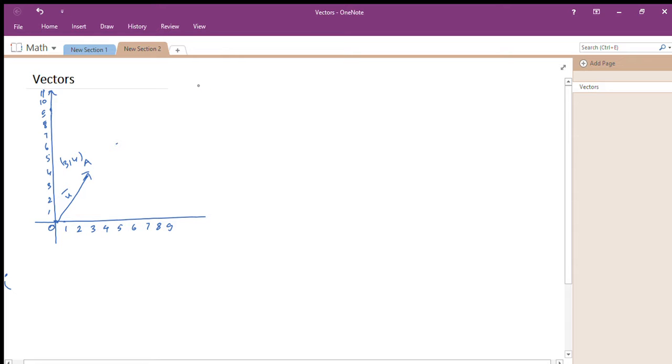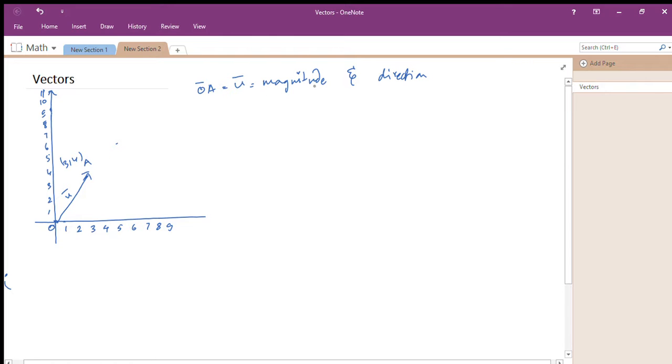So you've got this ray, so to speak, OA, and I'm saying this is a vector because anything that has magnitude and direction is a vector, right? And you see that this has got some magnitude over here, it's got some length, and it's got a particular direction, it's going somewhere up over here.